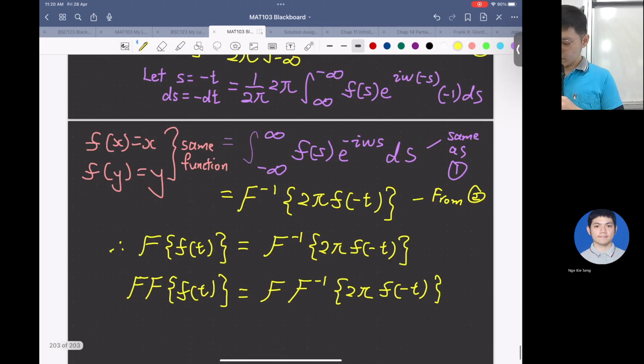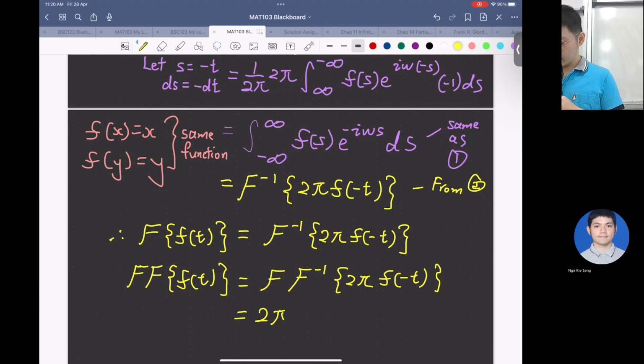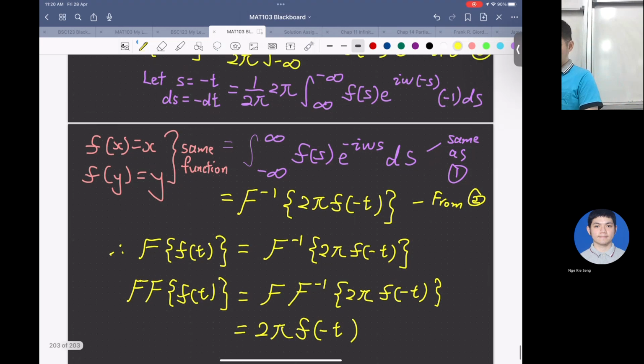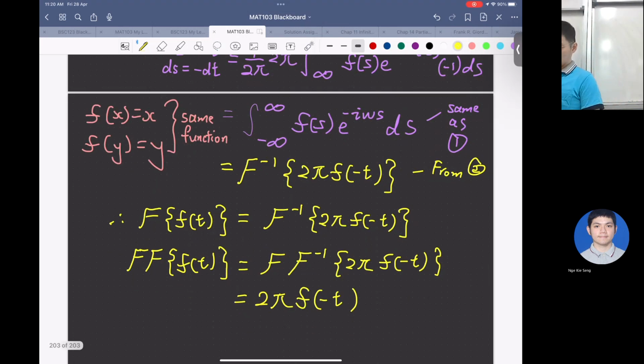In that case, we will get 2 pi f minus t. So we got this 2 pi f minus t here.